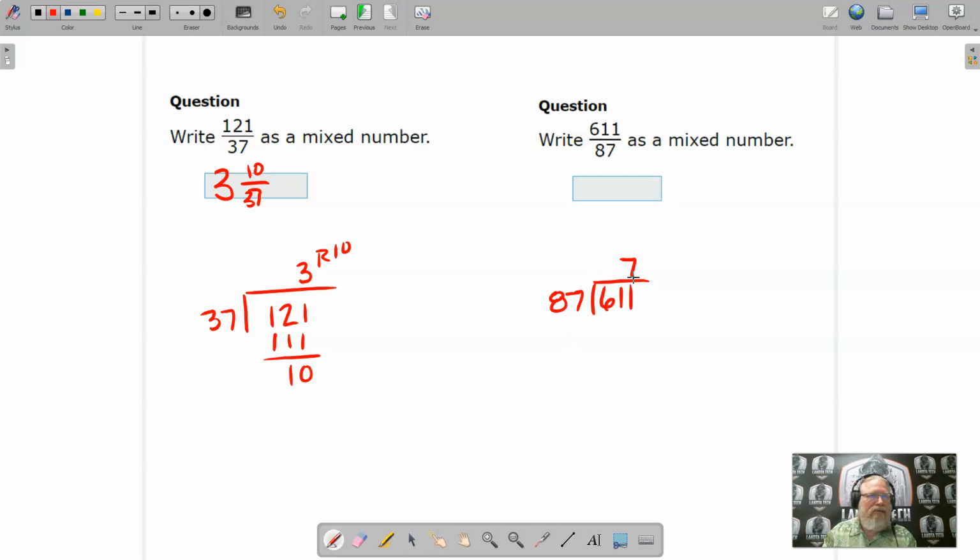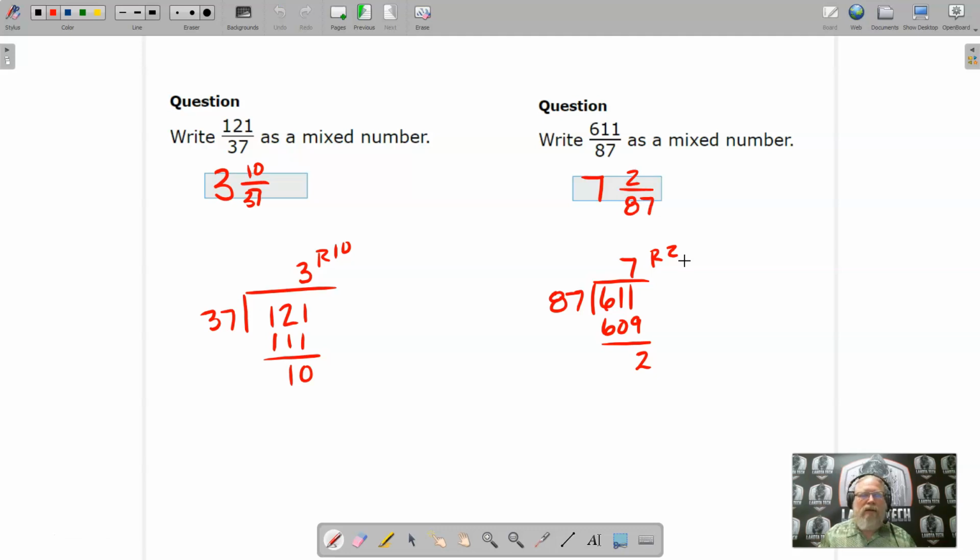So it goes in 7 times, so I need to know 7 times 87, and that's going to be 609. And the difference is going to be 2, so my remainder is 2. That means that my number out front of the fraction is a 7. My numerator is the remainder, which is 2, and my denominator, 87, stays the same.